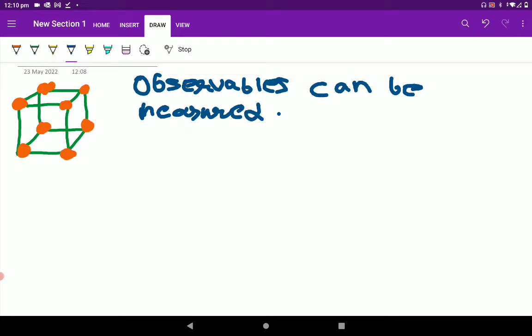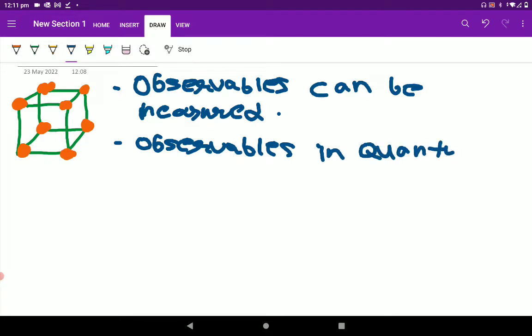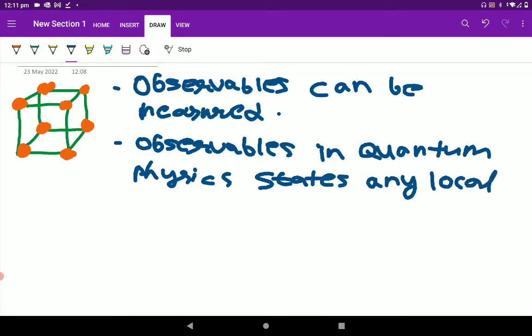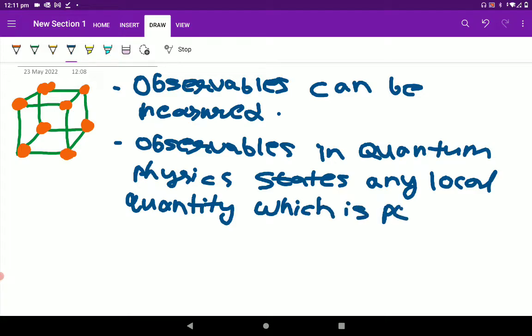In terms of quantum physics, observables state that any local quantity is periodic in nature.